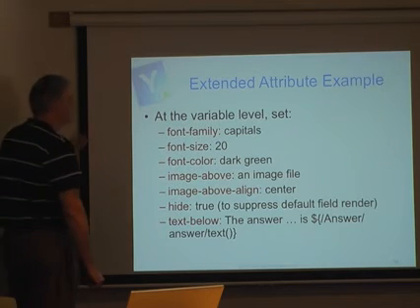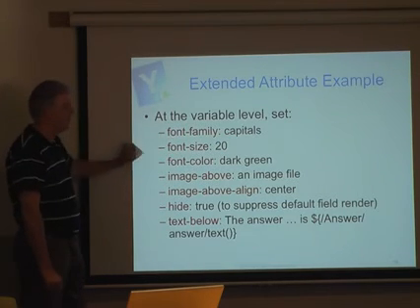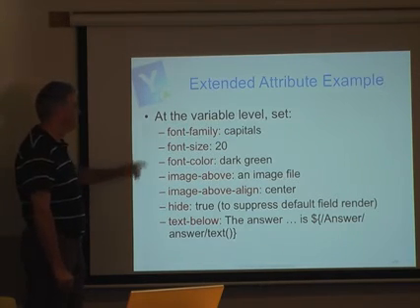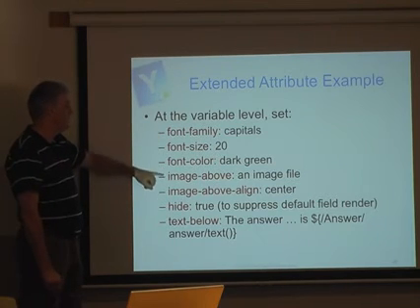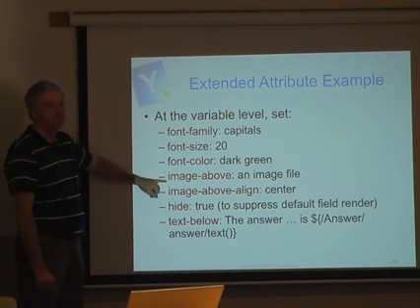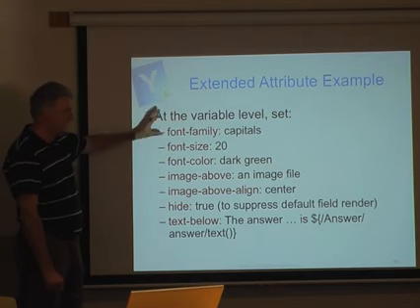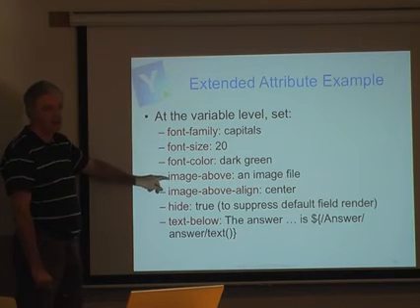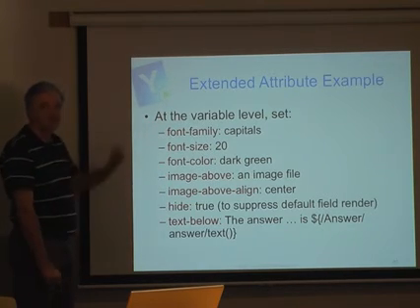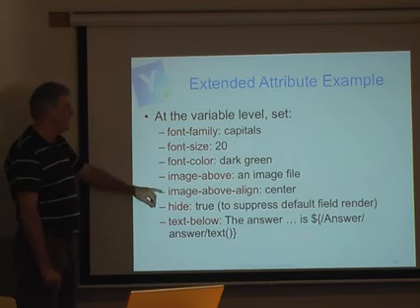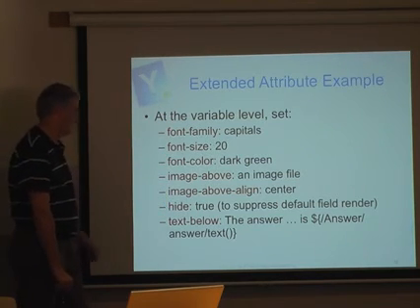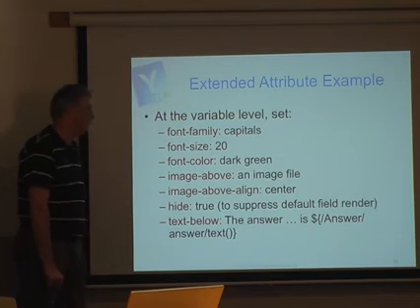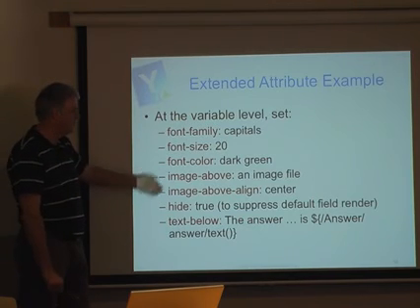Then at the variable level, we will change the way the variable itself is rendered. We can change its font to capital size 20 and give it colour. We can have an image above or below each field on the form, and you can choose how you want to align that image, whether it's centre, left or right.